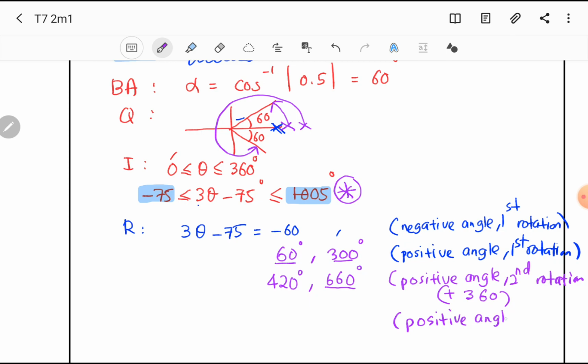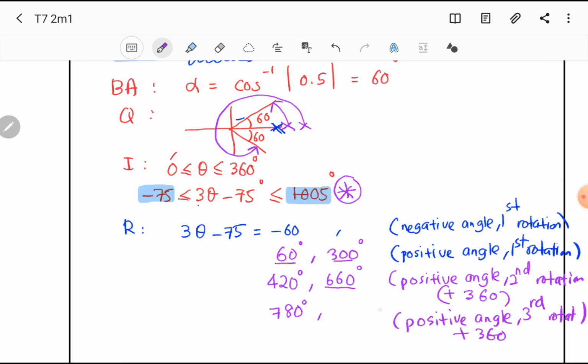Positive angle and the third rotation. Okay, so kita tambah lagi 360 darjah. Okay, so 420 plus 360. So we will get 780 degrees.